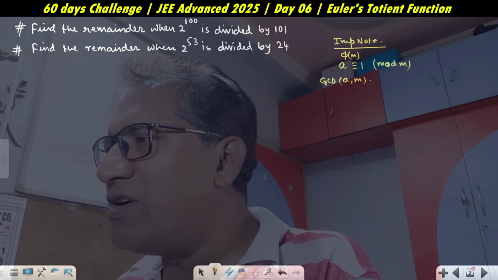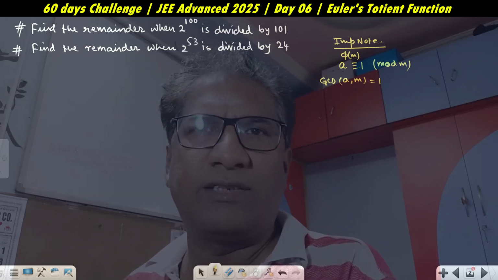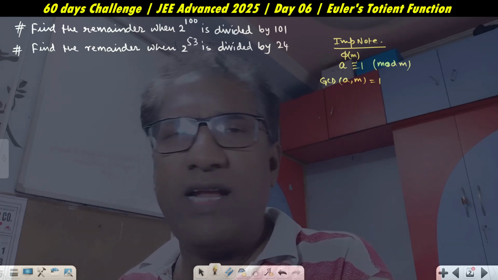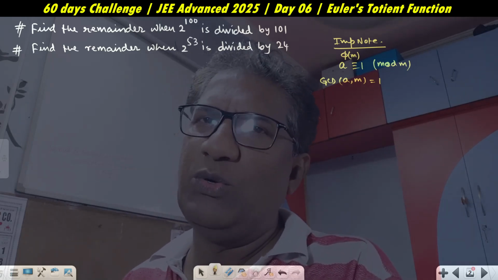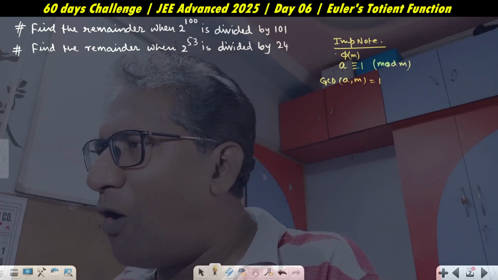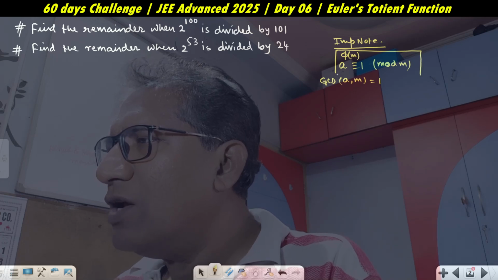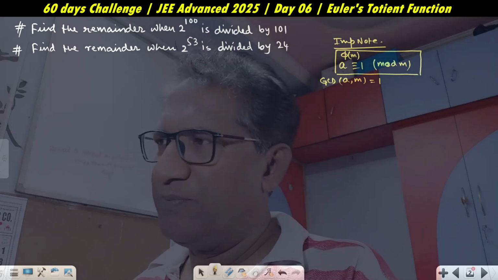The greatest common divisor is 1. If it is so, then A to the power Totient number of M is congruent to 1 modulo M. Very, very important theorem to be used to find the remainder.